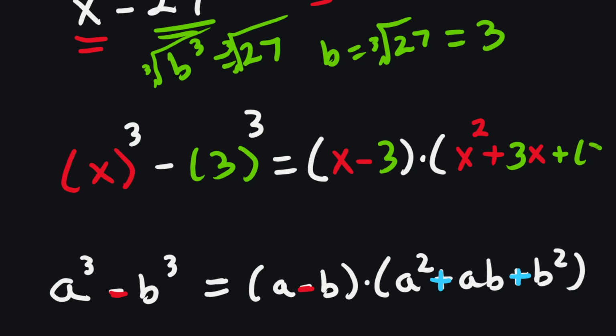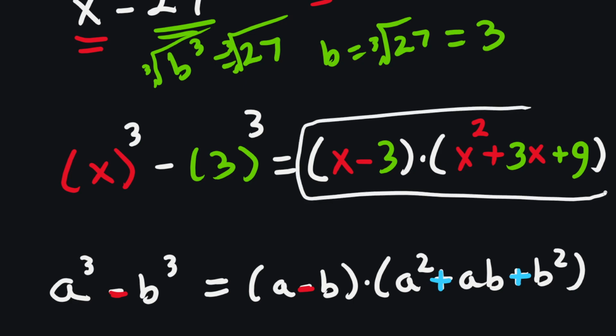So our b is 3, 3 squared is just 9. End parentheses. And there we go. That is the factored form of this difference of two cubes. So x cubed minus 3 cubed, or our original problem, x cubed minus 27, is x minus 3 times x squared plus 3x plus 9.